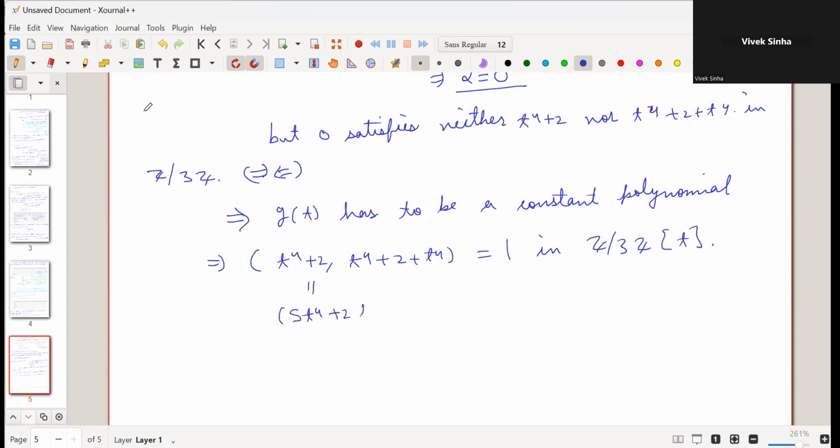T^5 + 2T and 5T^4 + 2. So this implies T^5 + 2T has no repeated roots.